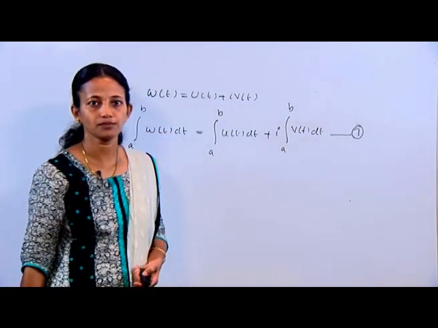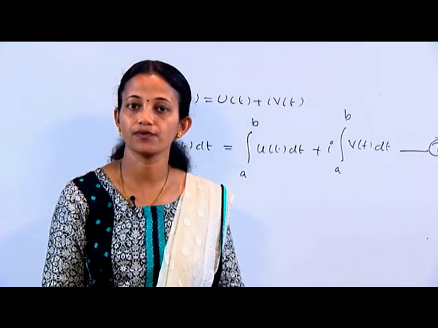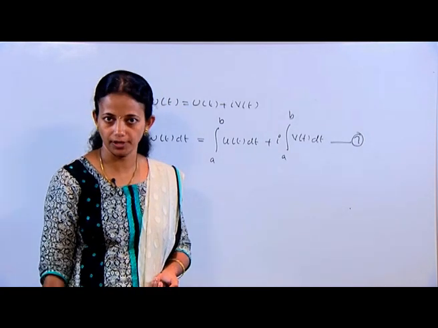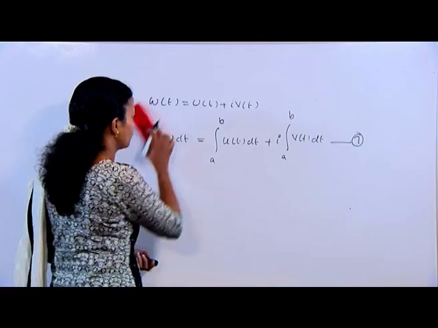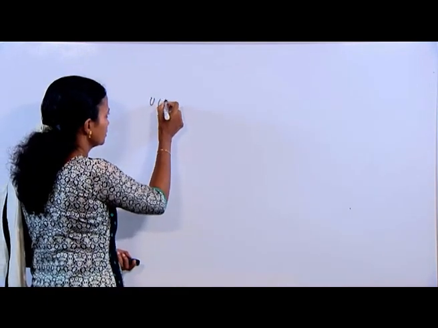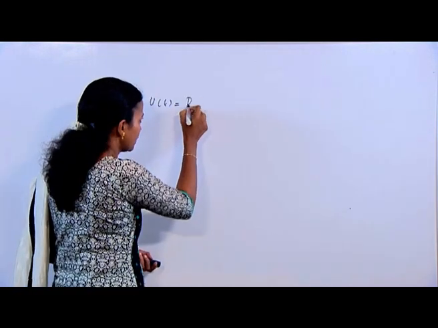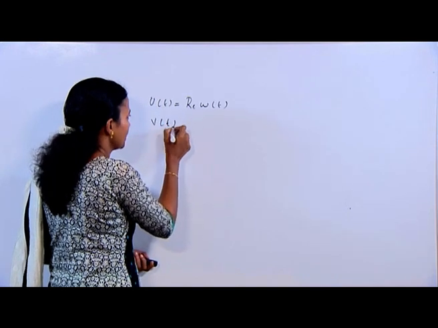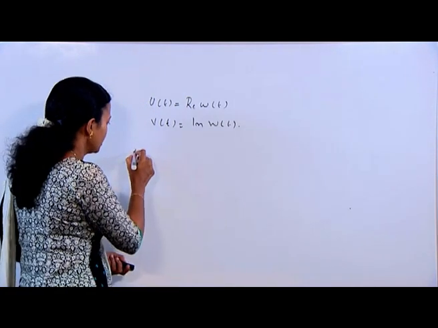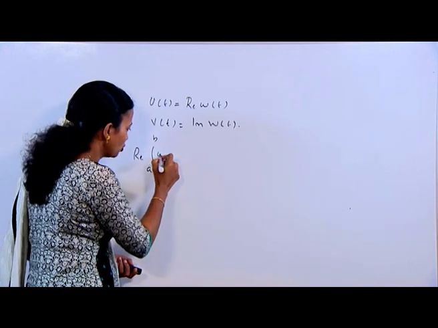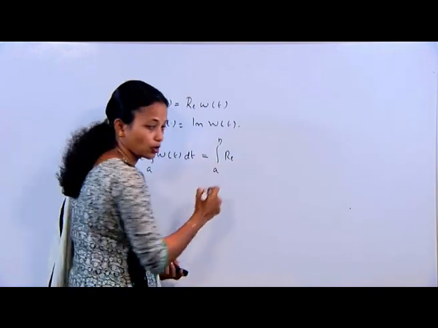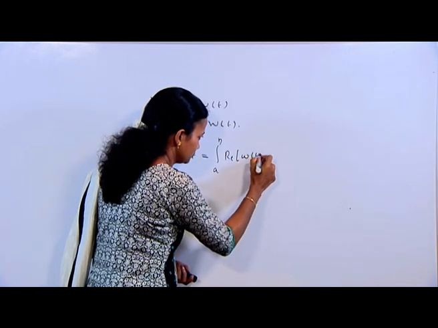Next equation. When the individual integrals of the real valued functions u and v on the right exist, since u(t) is equal to the real part of w(t) and v(t) is equal to the imaginary part of w(t), we can write the real part of integral a to b w(t) dt is equal to integral a to b real part of w(t) dt.